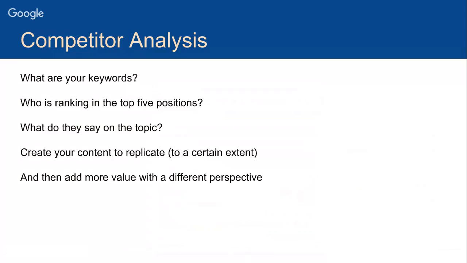So I know this is a lot of information, but I do want to touch on competitor analysis. Competitor analysis from a keyword research perspective is slightly different to SEO competitor analysis, because keyword analysis is looking at a piece of content or a potential piece of content and the keywords that you want to rank for within that content.